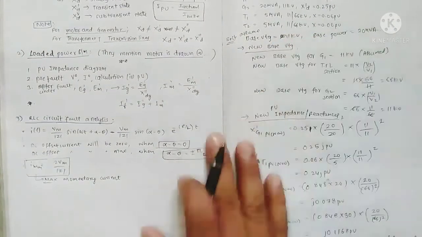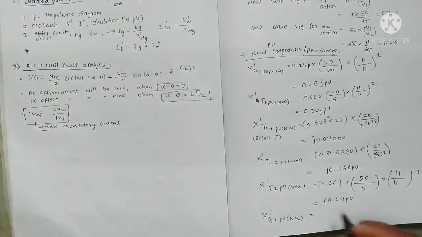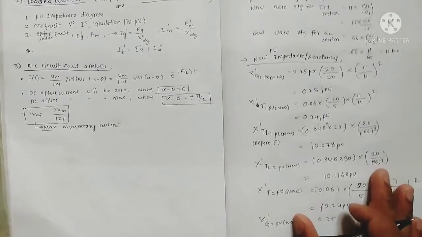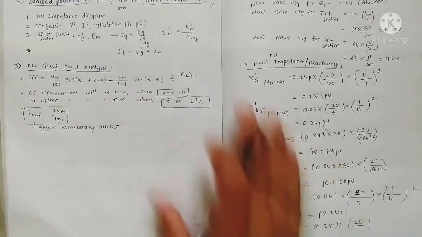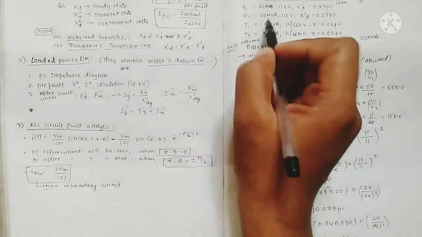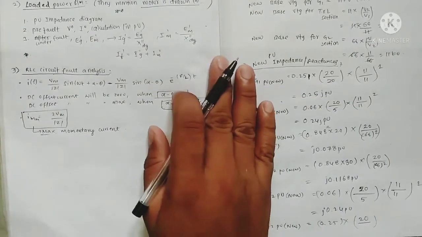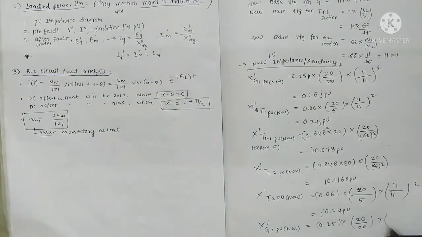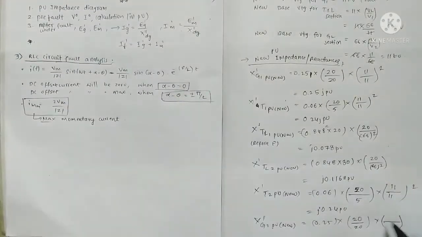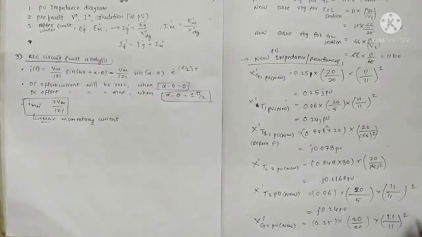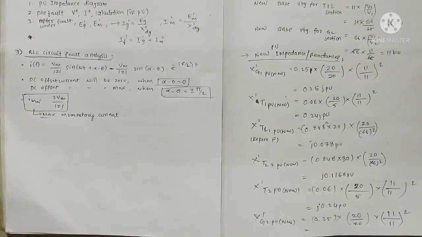The old pu is given as 0.25, multiplied by the new power 20, divided by the old power 20, multiplied by the old voltage of G2 transformer, 11 kV, divided by the new voltage of the G2 transformer section, 11 kV whole square. This answer gives us 0.25 pu.